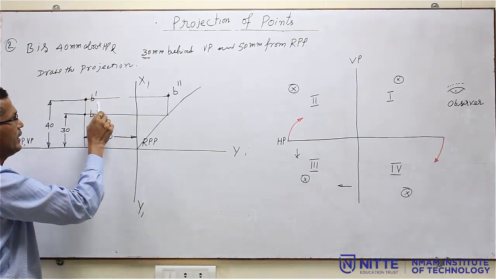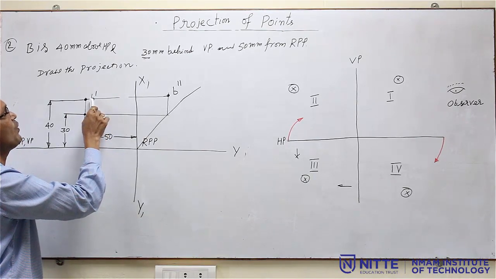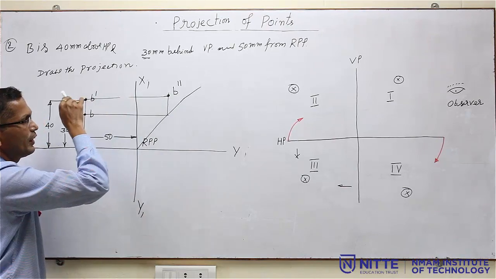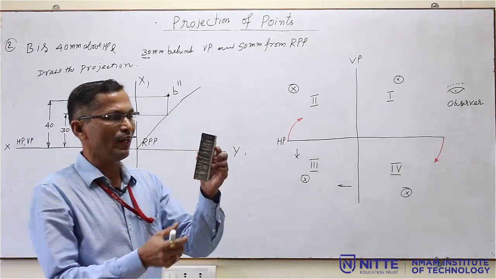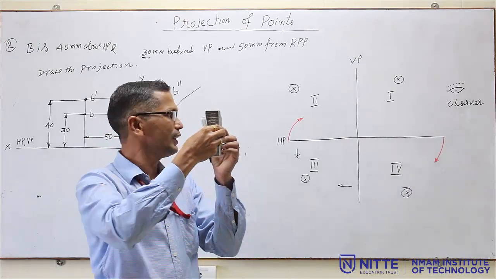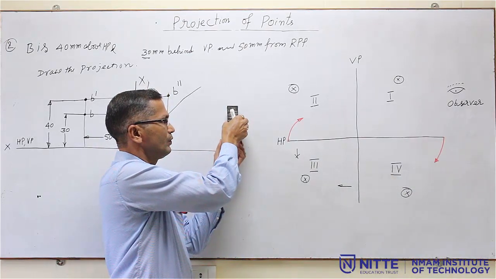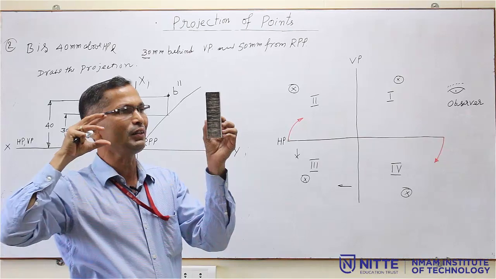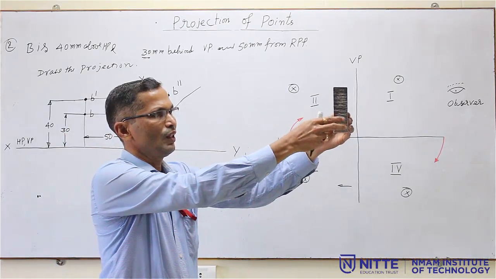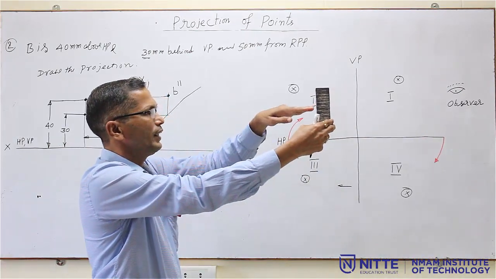Always, in any of the chapters, the front view and profile view should be in the same line or in the same plane. Why is it so? For example, this is the point you are observing from the front. So, this is the front view. Similarly, I am observing from this direction and you are going to get one more view. So, this is called a profile view. What is the level of these two? They are at the same level.